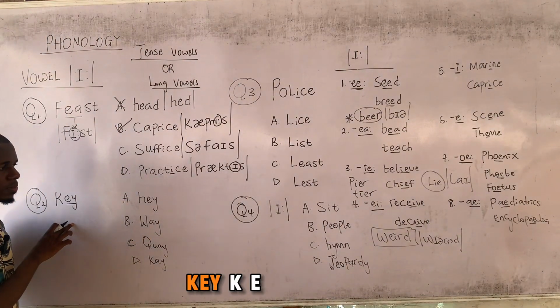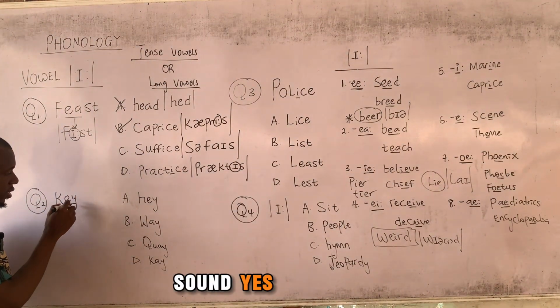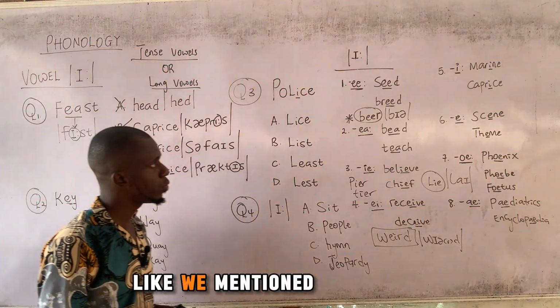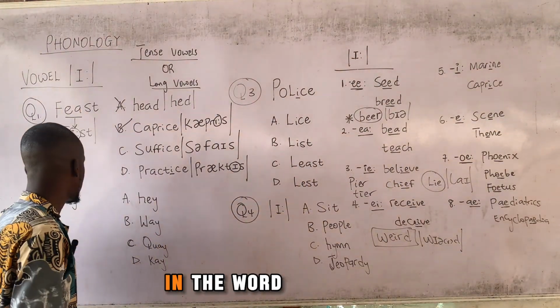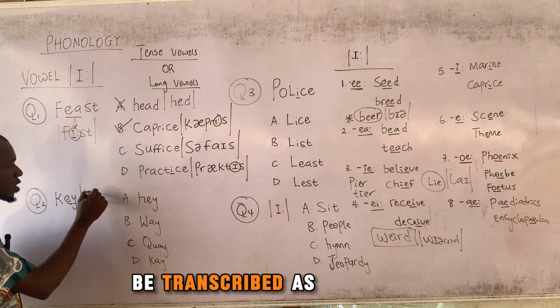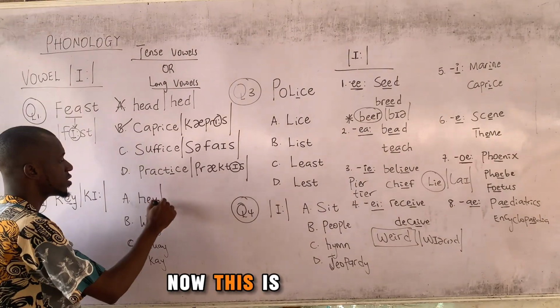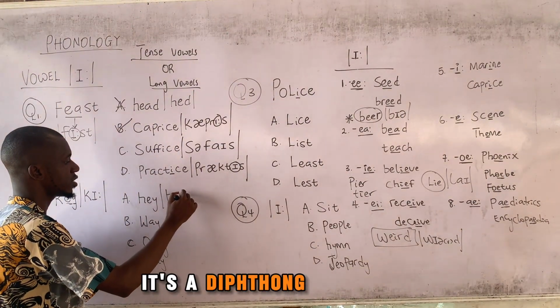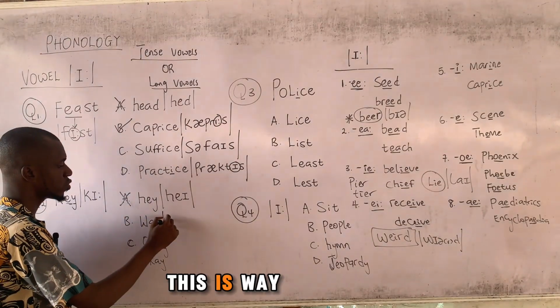In the word key, K-E-Y, we have the long E sound. Yes, the letter E, just like we mentioned here, number 6. You can see that, right? Good. In the word key, we have the long E sound, and it will be transcribed as this. This is a transcription for key. Now, this is hey. It's a diphthong, so this is wrong. This is way.